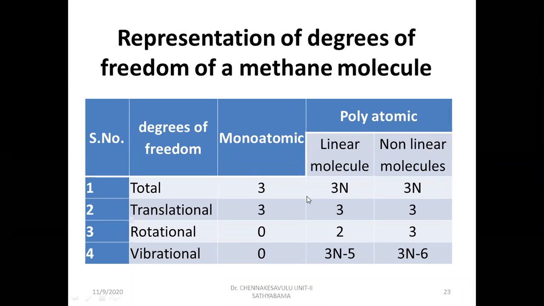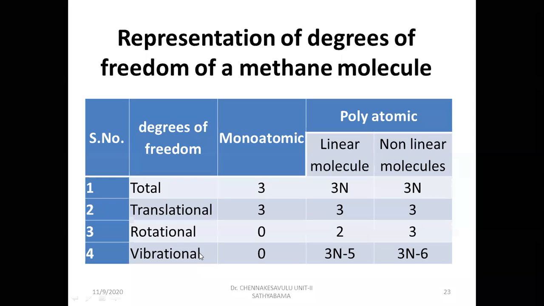So now we are going to calculate the number of degrees of freedom for the vibrational mode. Total is 3n. If you subtract translational and rotational from 3n, we will get vibrational.